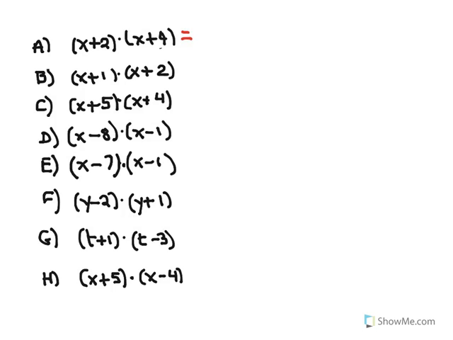Let's just do these examples. They are pretty much very easy. Okay, so we should not have any problems with that. So let's start with the first. So first is x times x, that gives me x squared, and then the outside, that will give me 4x, the inside, that will give me 2x, and the last will give me an 8.